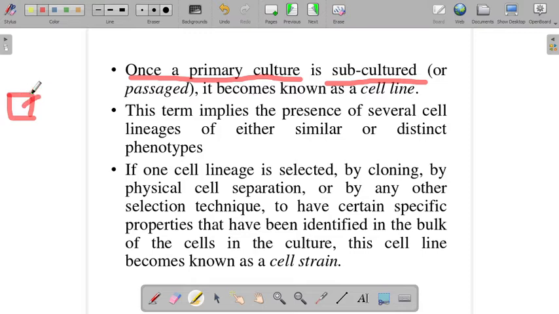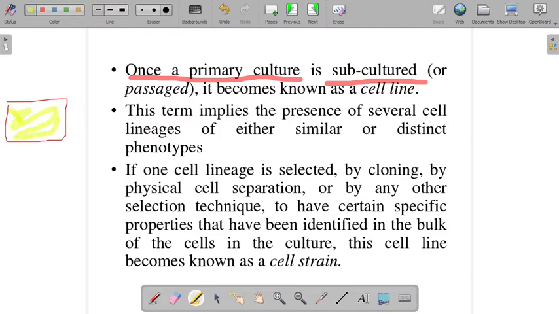Once the confluency is there, what does confluency mean? Take an example, this is the flask, I want to draw it, and whatever heterogeneous population of tissue is there, it is generally spread all over the flask, right?